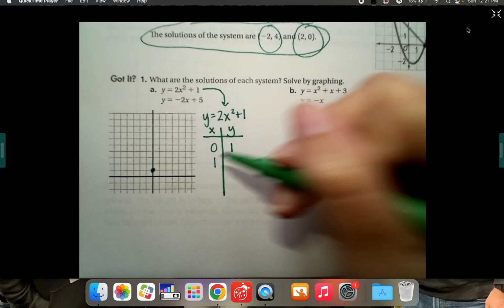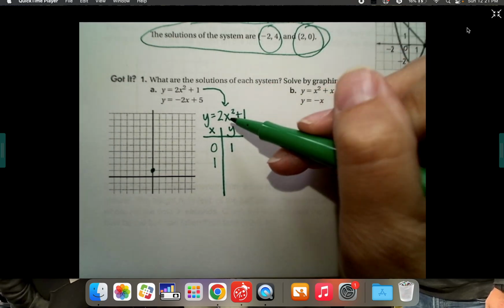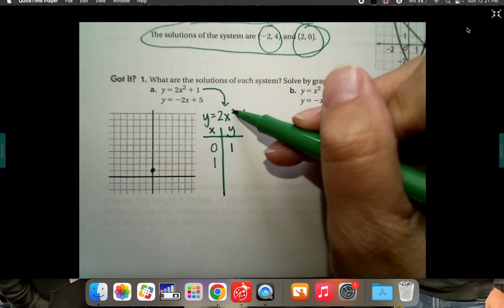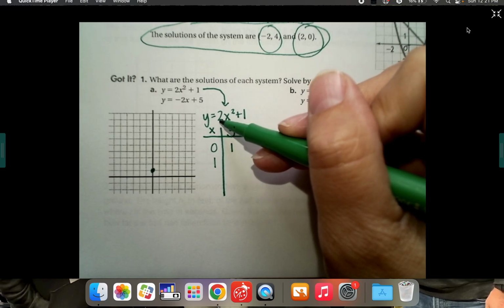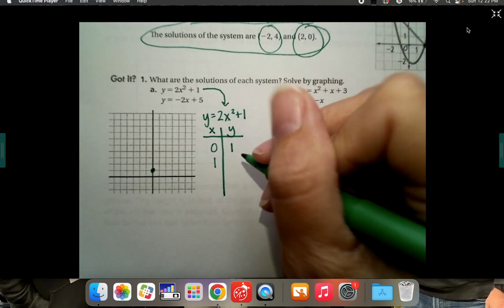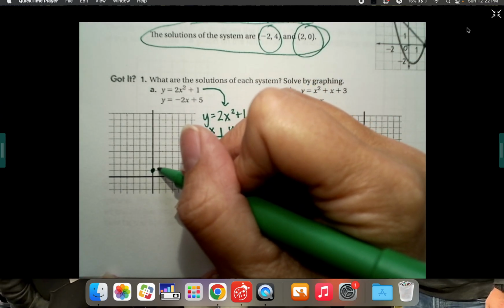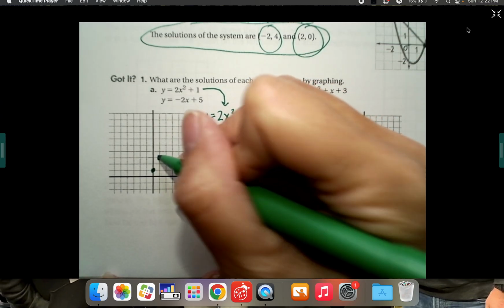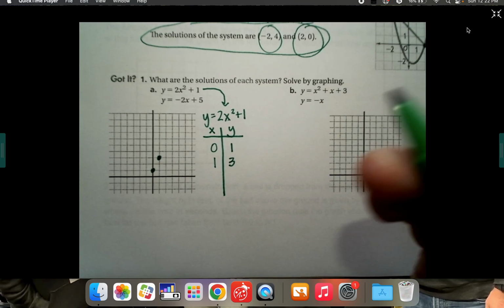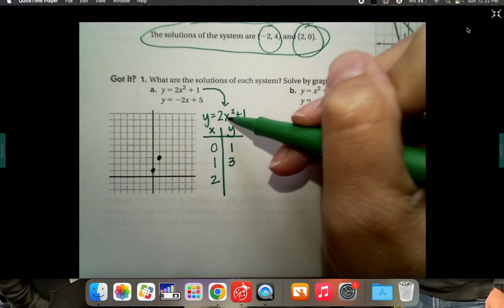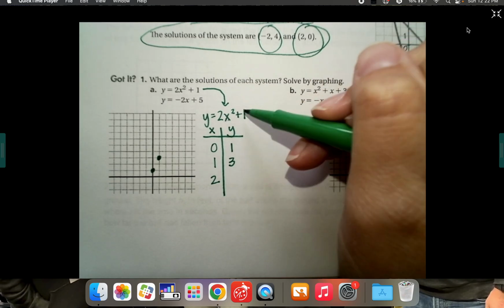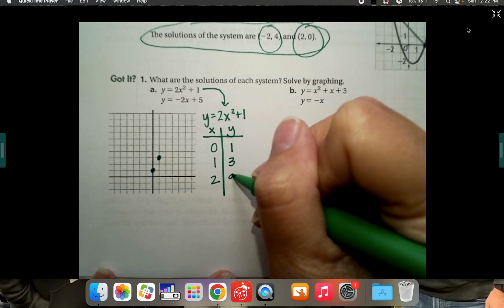I'm going to plug in a 1 because 1s are really easy to plug in as well. 1 squared is 1. 1 times 2 is 2, plus 1 is 3. So we'll put our next dot at 1, 3. All right, and then let's try a 2. So 2 squared is 4. 4 times 2 is 8, plus 1 is 9.